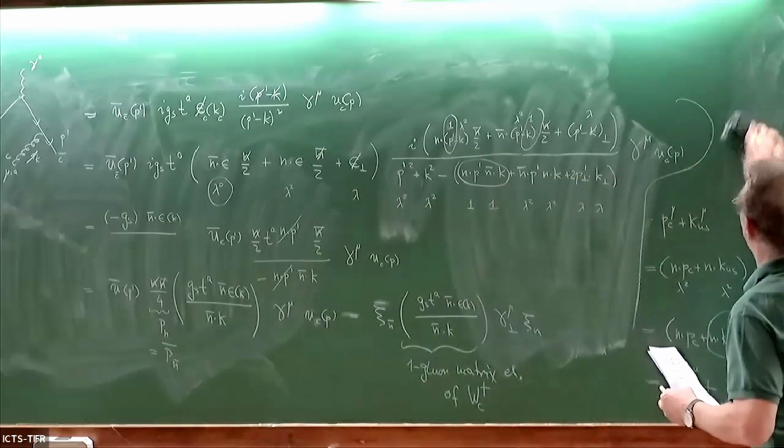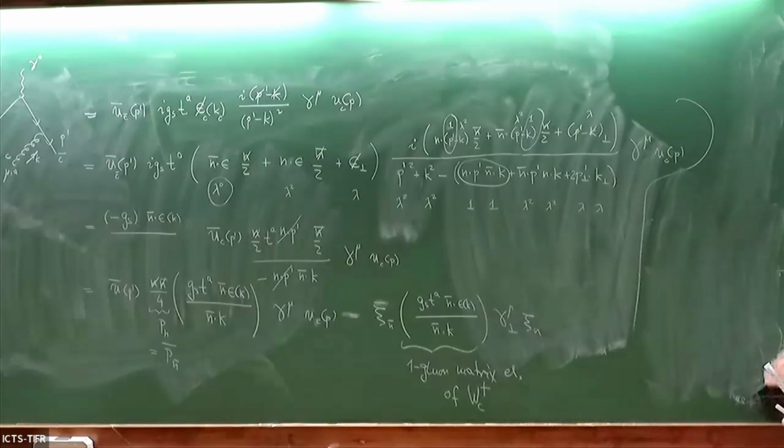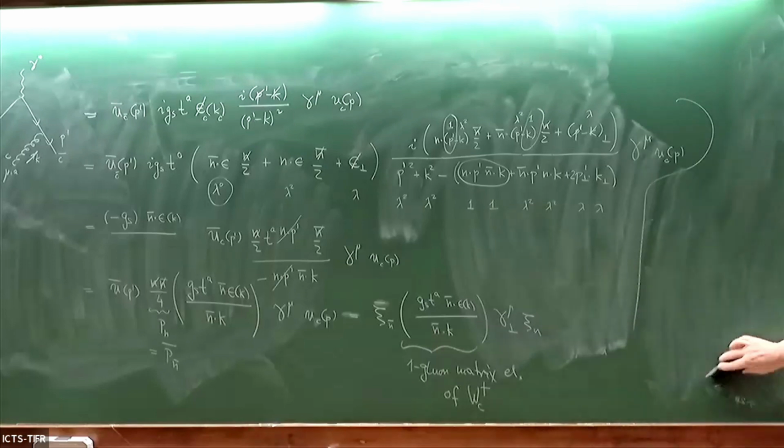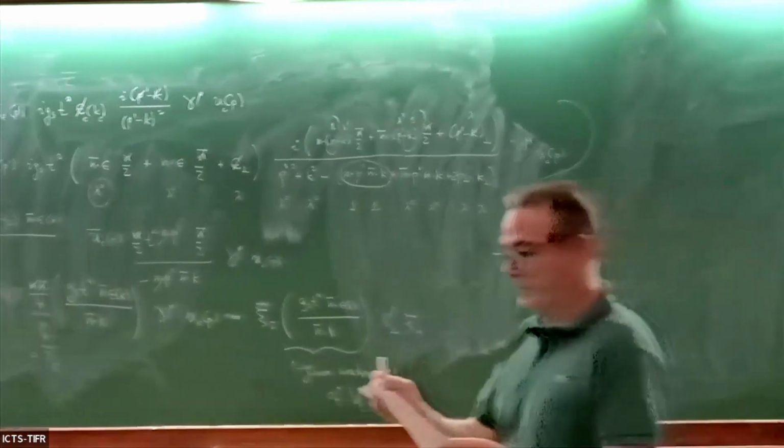When you add up all contributions, when the dust settles, you get exactly what you get from the Wilson lines. So the Wilson lines are needed for gauge invariance, but they're also needed to do a bunch of other miracles, so that they really account for this tree-level hard matching.